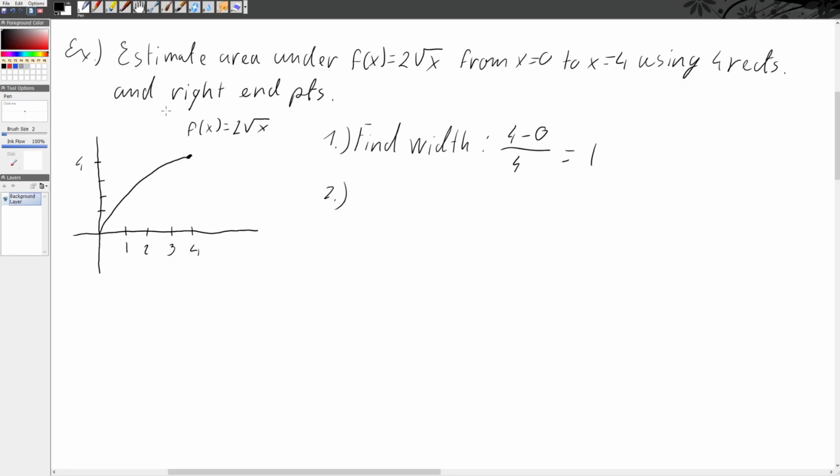They tell us that we want to use the right endpoints, meaning we want to use 1 to 4. What that means is that at 1, we want to draw a line up, hitting the graph.